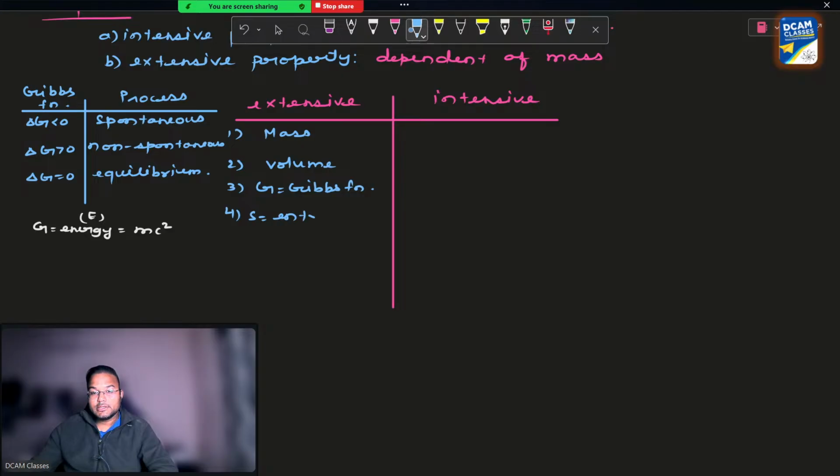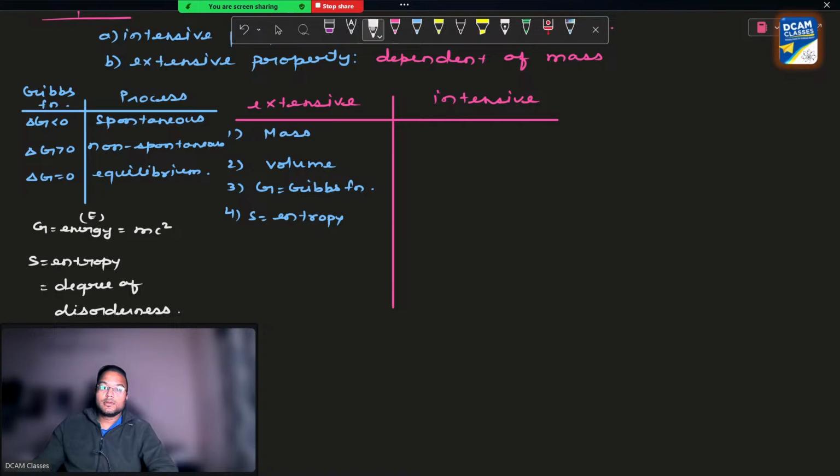Now S is entropy. Entropy, I'll tell you later. What is entropy? I'll just tell. Entropy is the degree of disorderness. Later you will learn about it. More disordered processes have more entropy.